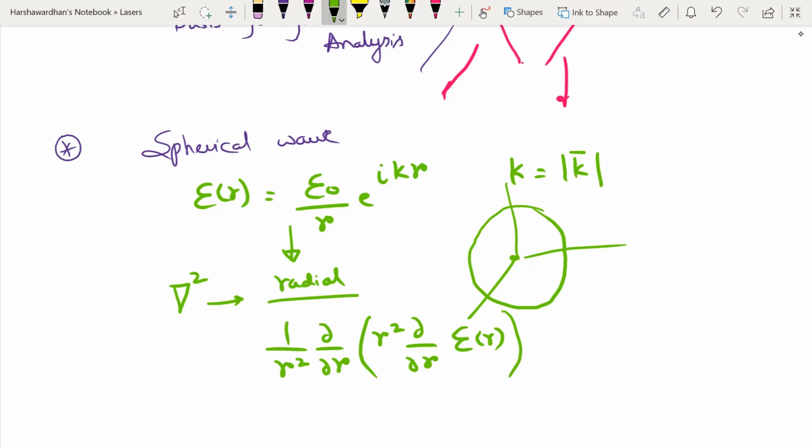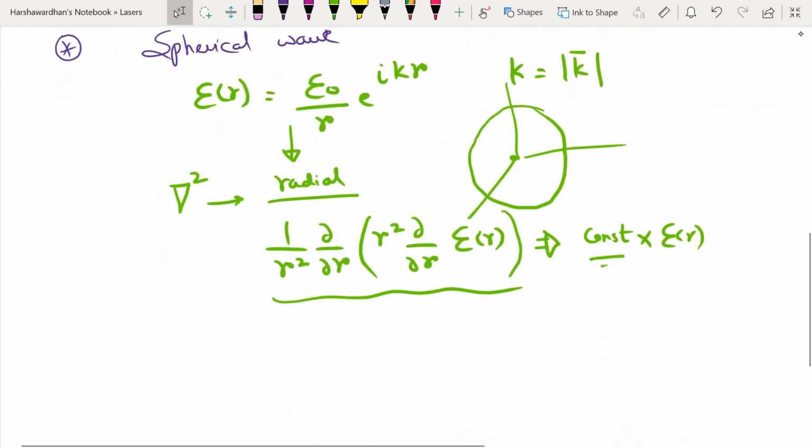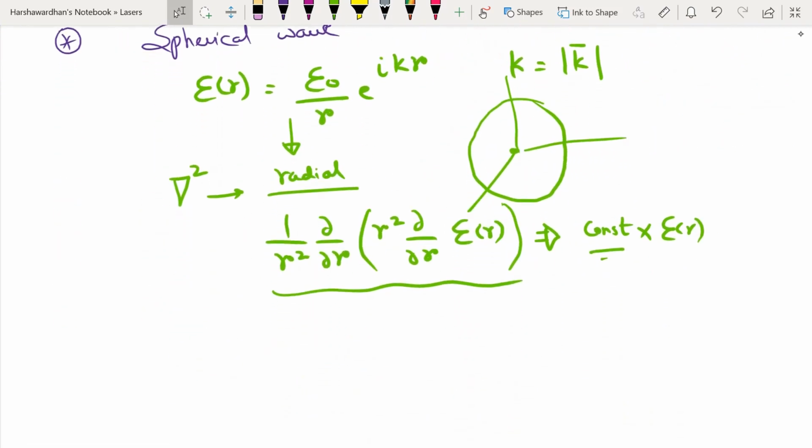This is precisely the radial part of del square, and you will see that this turns out to be simply a constant, which by the way is just minus k square, times E of r. Please go home and check it, and indeed this forms the solution of the scalar wave equation.